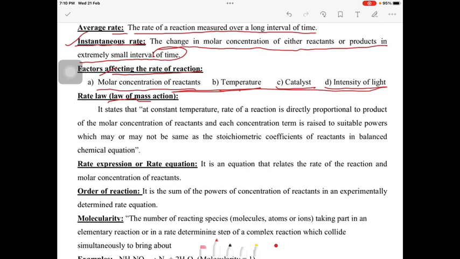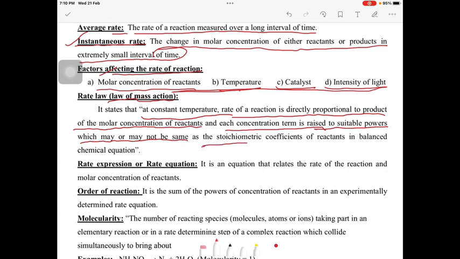Law of mass action states that at constant temperature, the rate of a reaction is directly proportional to the product of molar concentrations of reactants, and each concentration term is raised to suitable powers which may or may not be the same as the stoichiometric coefficient of reactants in the balanced chemical equation.